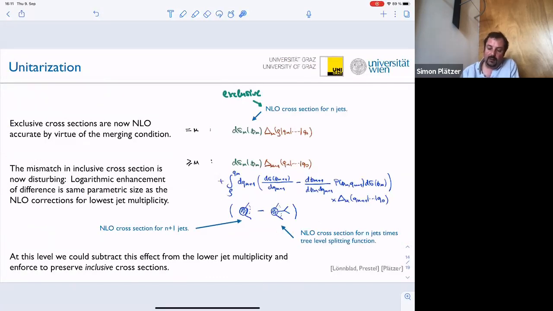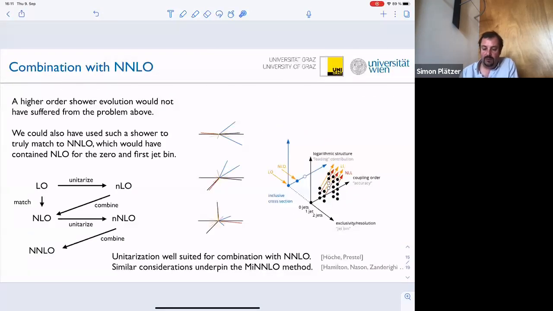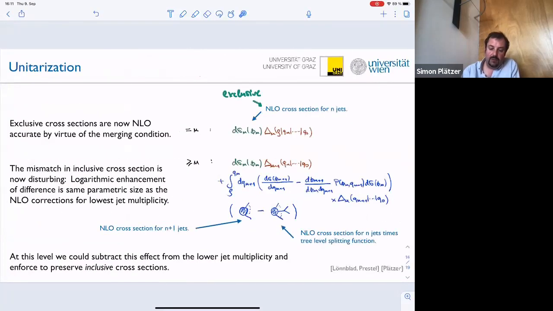I subtract them, so I construct my merging algorithm in a way that I really reproduce the proper inclusive cross-section over here. So I'm changing my merging condition, accepting a change in my exclusive cross-section.